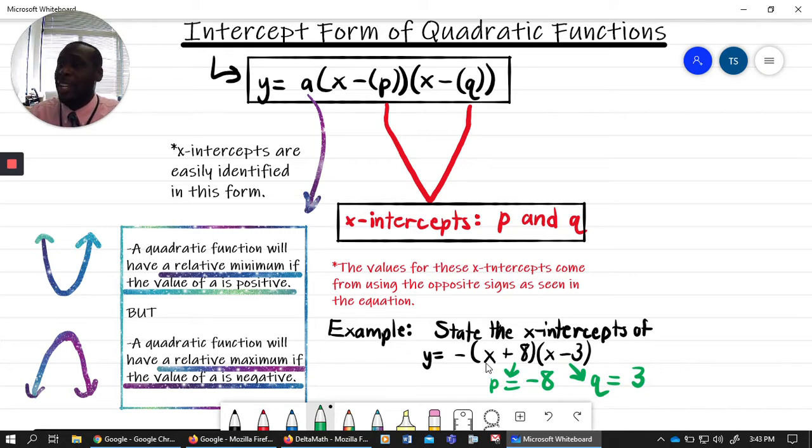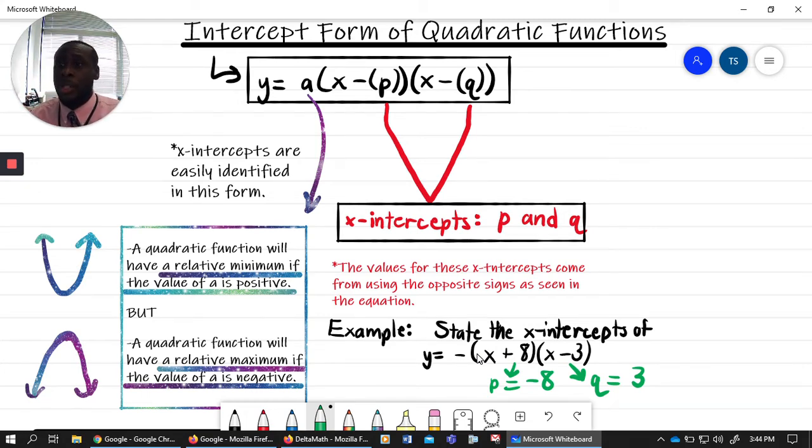Now, if you were asked to determine whether the graph opens up or opens down, in other words whether there's a minimum or a maximum, you should be able to determine that. Here the A value is negative 1. Since the A value is a negative number, the graph is going to open down and there is going to be a maximum.